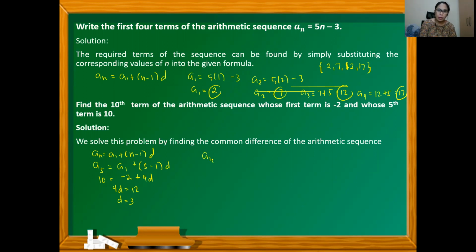So a sub 10 is equal to a sub 1, which is -2, plus 10 minus 1 times 3. So we have a sub 10 equals -2 plus 9 times 3. Okay, 27. So a sub 10 is 25.